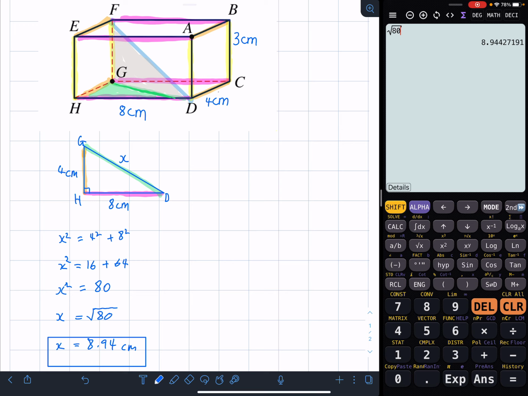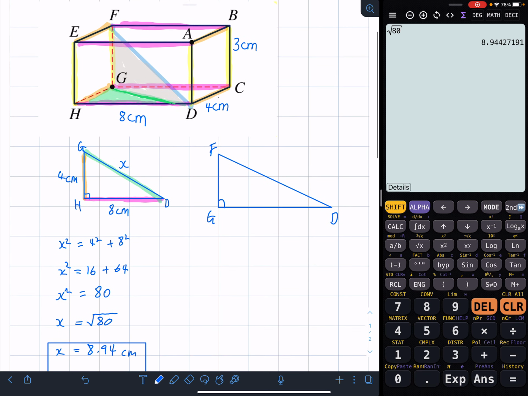I'm going to draw it here and label each corner, and then write the lengths of the sides.